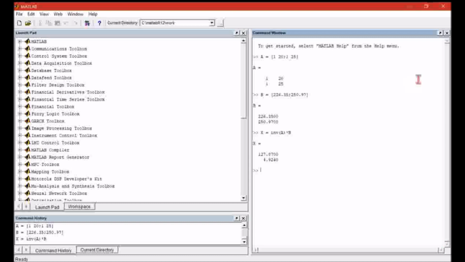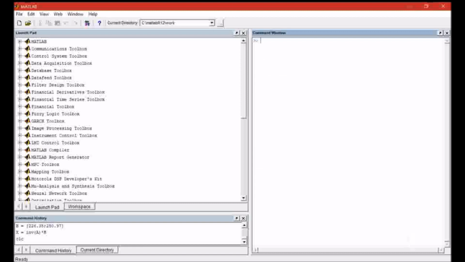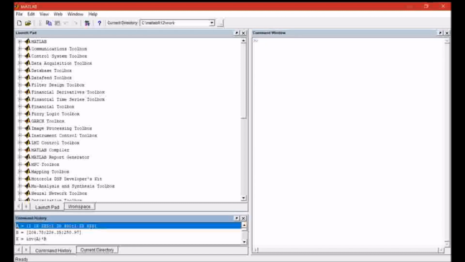So for the other parts, I will not repeat how to make a matrix, it's just the same. So I will just clear our board. And I have here already our matrices. This is for our quadratic matrix. As you can see, it's just the same. I just put 1, 15, 225, semicolon, 1, 20, 400, semicolon, 1, 25, 625.